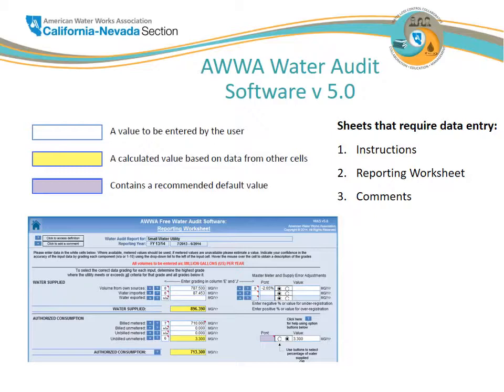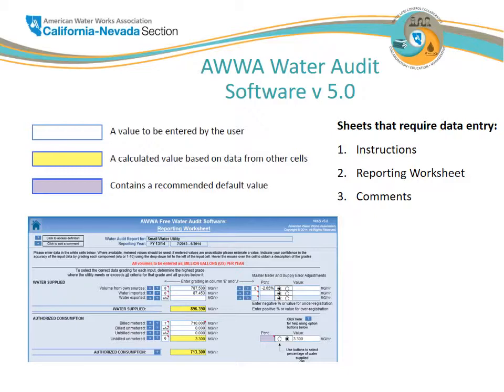And once you open the software, you'll see that it's got a wide variety of sheets on it. The sheets that require your attention and your data entry are going to be the first sheet that asks you of your basic information, who you are and which utility you represent, what audit period you're going to be focusing on. The second sheet that requires your entry is the reporting worksheet.